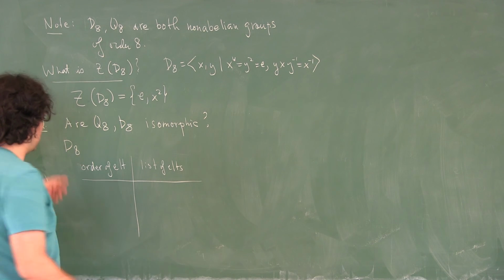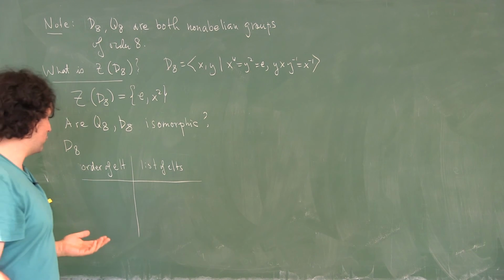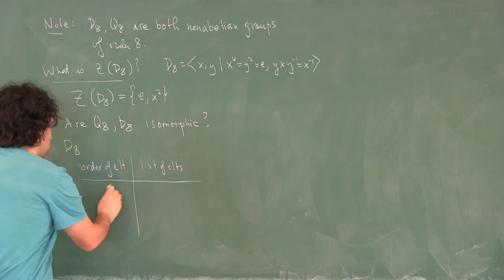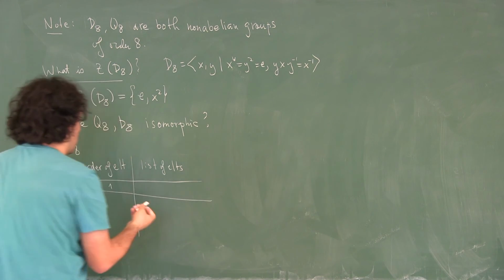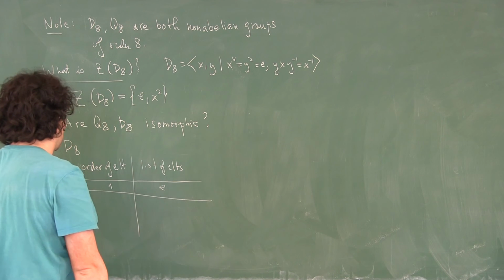The order of the group is 8, and the order of an element divides the order of the group. These groups are not cyclic, so the order of an element of D8 can be 1, 2, or 4. If I look at elements of order 1, every group has exactly one element of order 1, the identity.